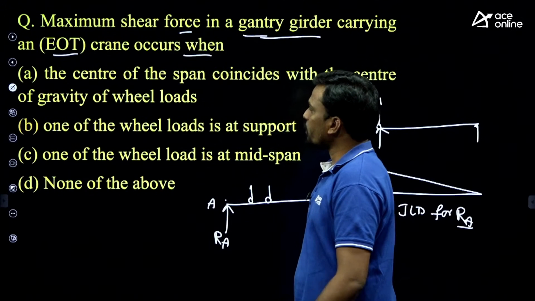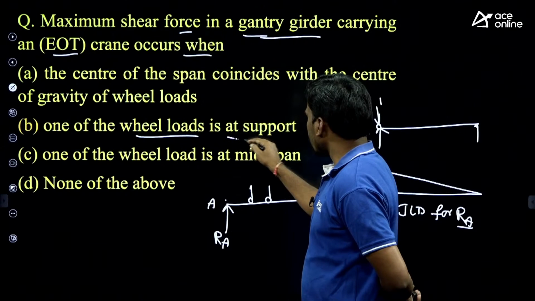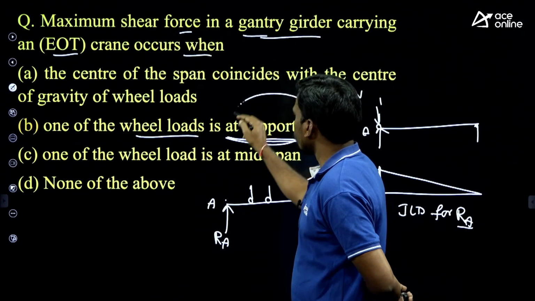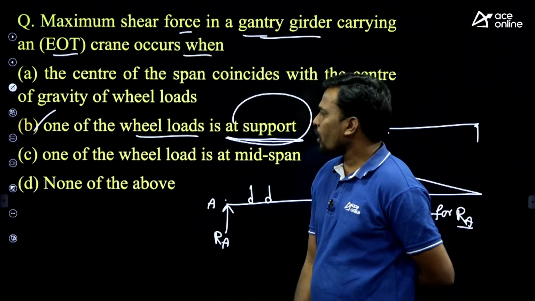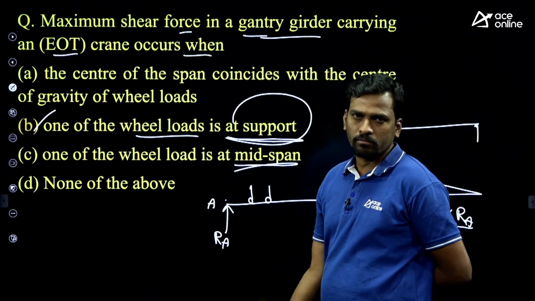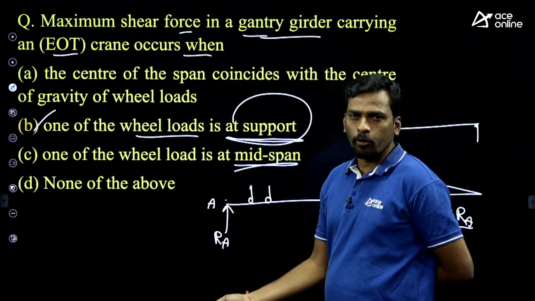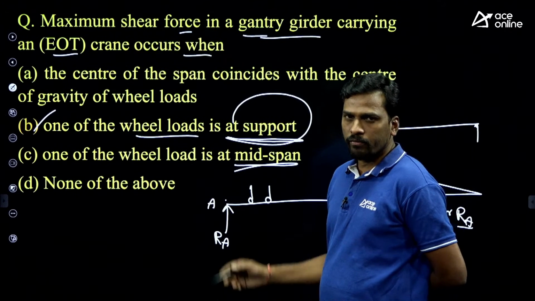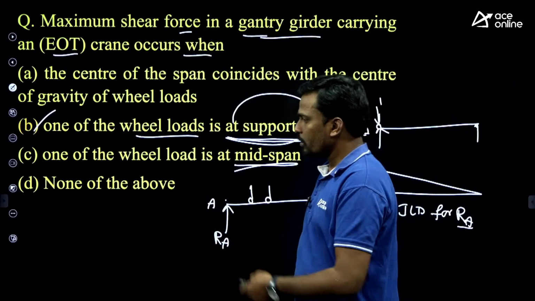So what are the options given? One of the wheel loads is at the support, so option B is correct. If one of the wheel loads is at the midspan, you won't get the maximum reaction, you will get W by 2 only. But if it is at the support, the maximum reaction is W. Option B is correct.